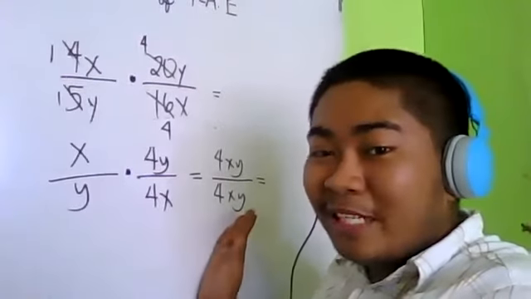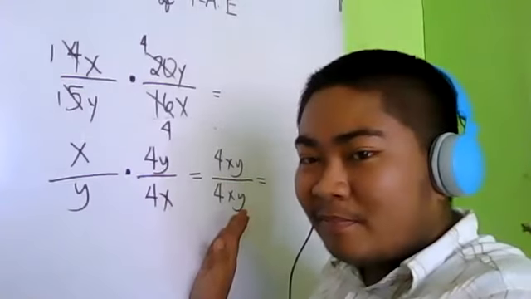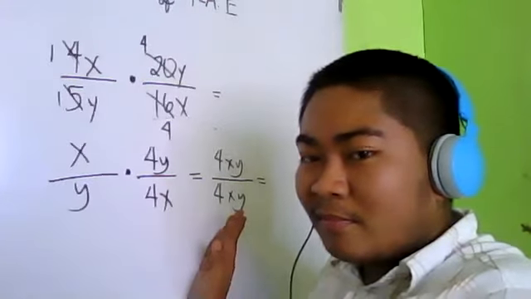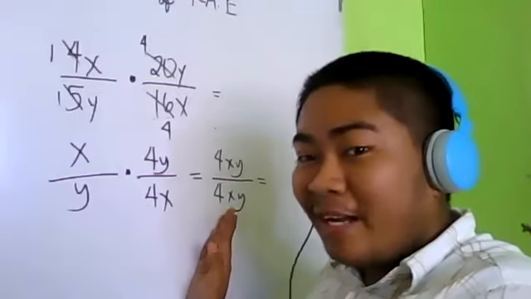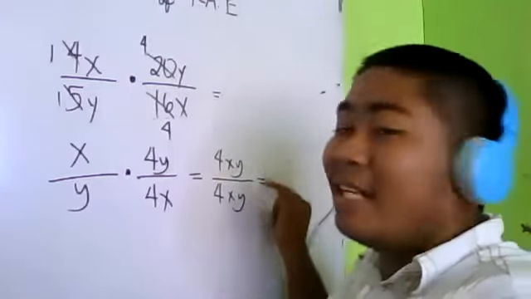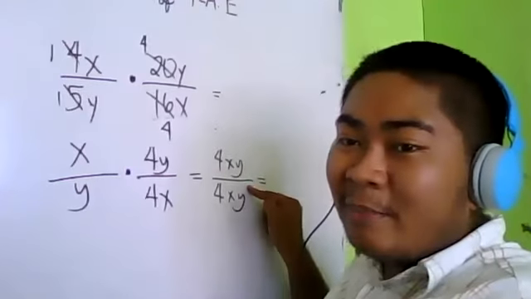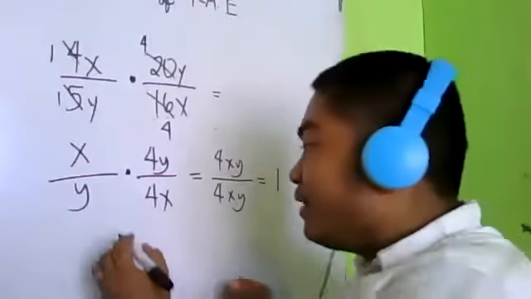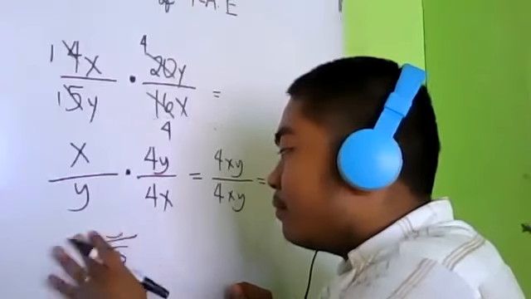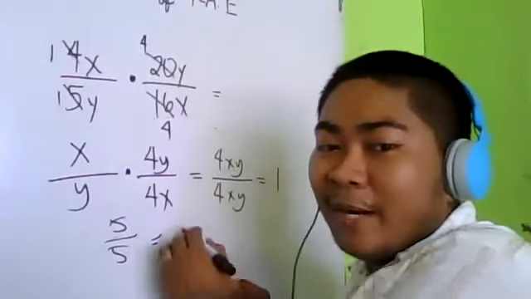Pwede pa na ba natin i-lowest term? Yes, di ba? Pwede ba natin siya i-lowest term kasi magkaparehas sila? Pag magkaparehas, magiging 1. Tama? Ayan. So for example, 5 all over 5. Ano ba equal niyan? Di ba 1?